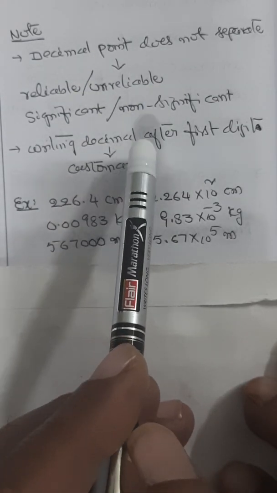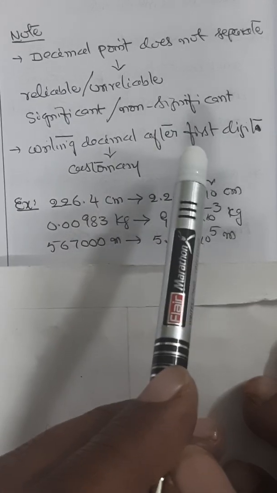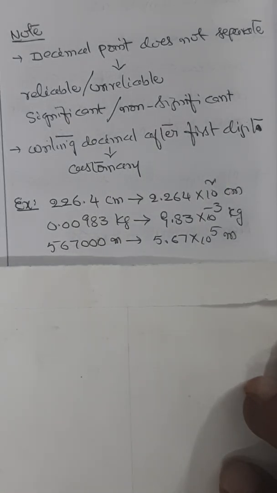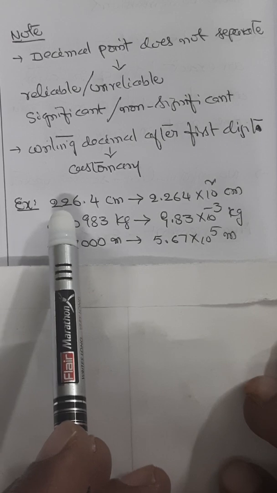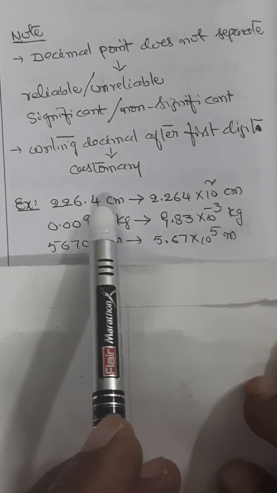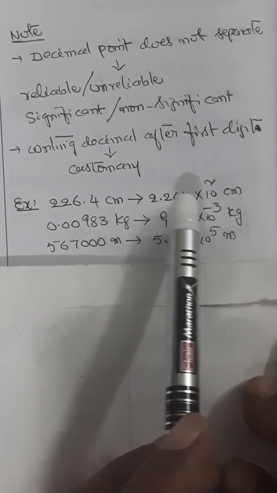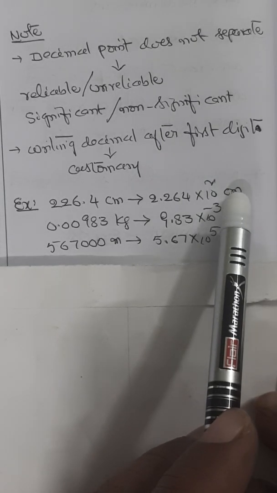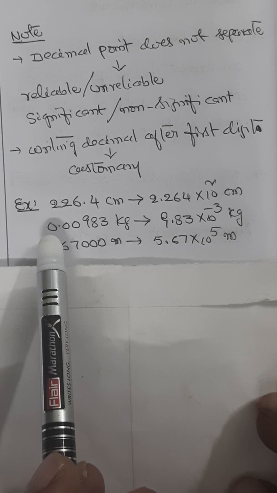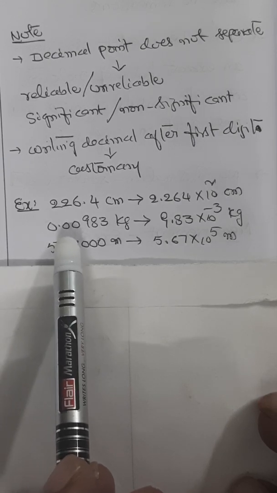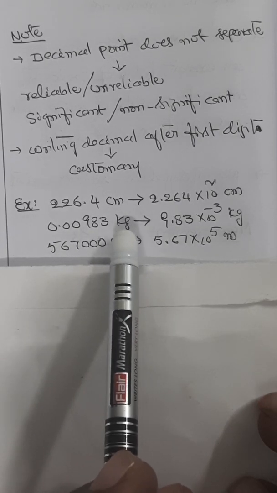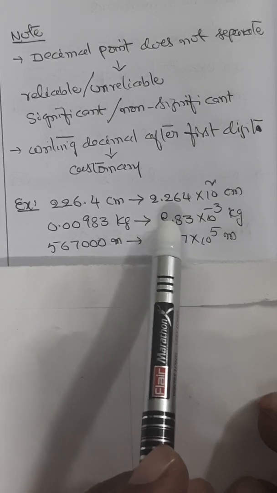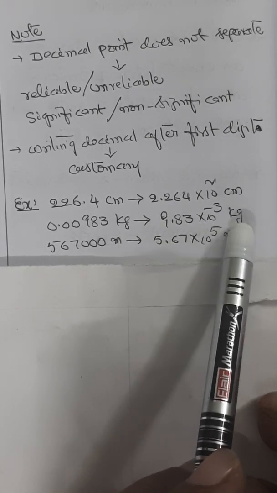Also, it is often customary to write the decimal after the first digit. For example, 226.4 centimeters is generally written as 2.264 into 10 power 2 centimeters. Again, if you say some mass, 0.00983 kg is normally written as 9.83 into 10 power minus 3 kg.